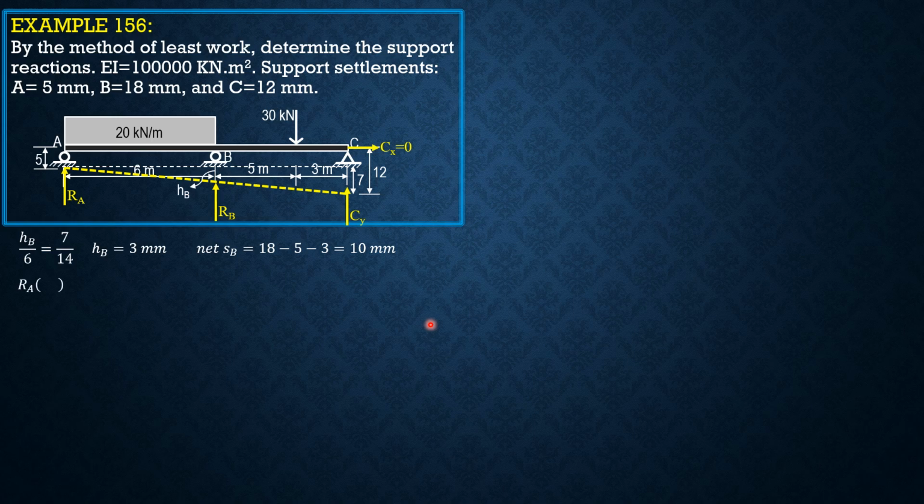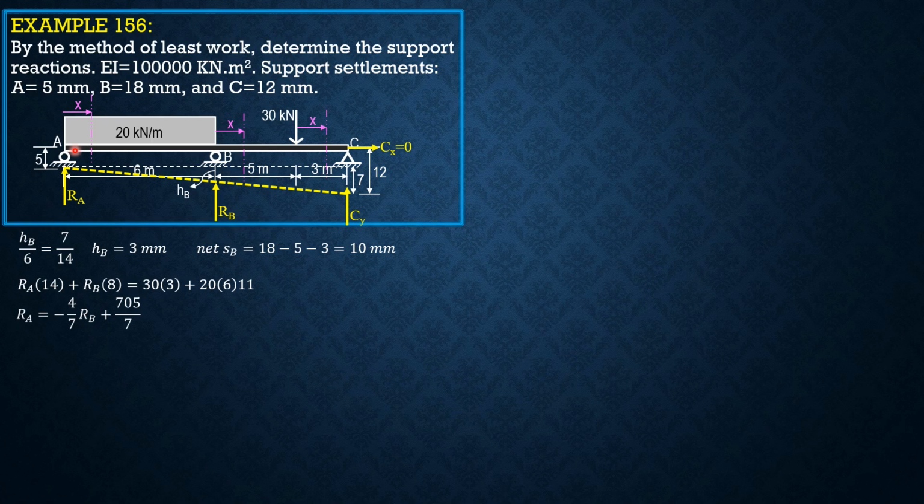Cx is 0, readily. So RA times 14 plus RB times 8 equals 30 times 3 plus 20 times 6 times 11. So RA in terms of RB, our redundant force, is negative 4 over 7 RB plus 705 over 7. So therefore, our segments would be from A, as shown. So those are our segments.